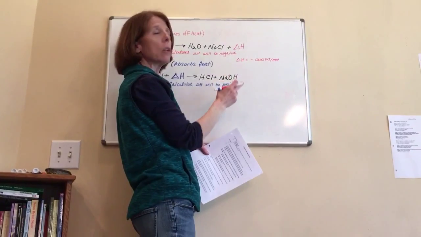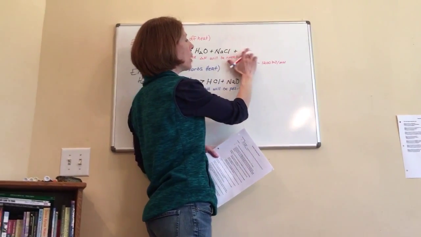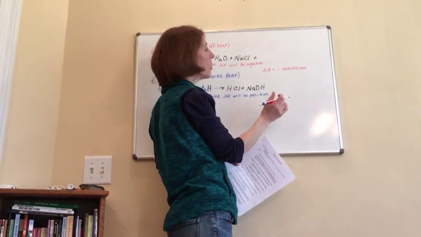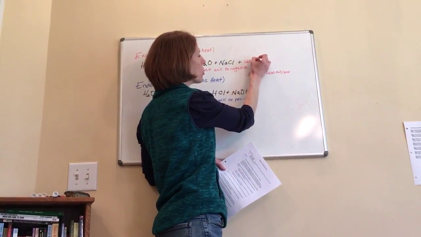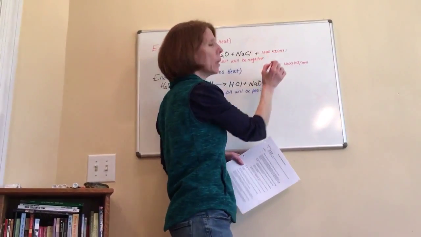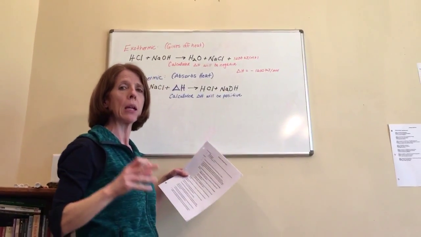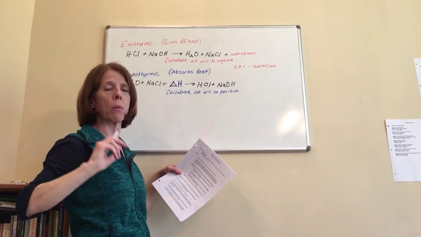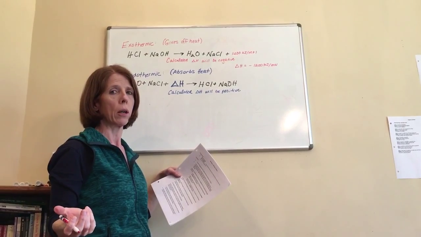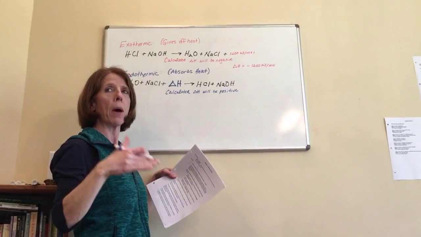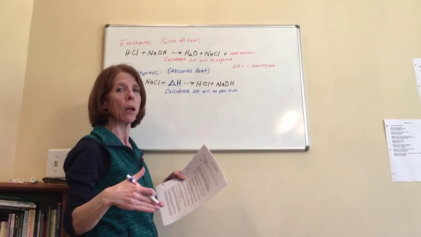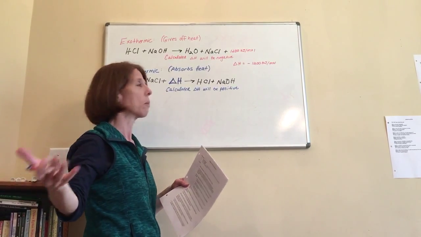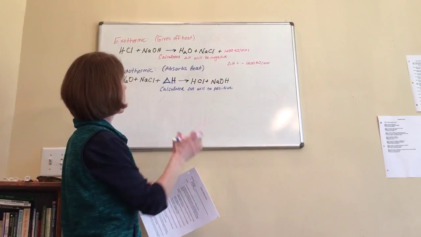When we add this into the equation, we would write it up here as a stoichiometric equivalent as positive 1200 kilojoules per mole. And again, the reason why we're going to make it positive is so that we're not dealing with a bunch of negatives in our stoichiometry. We set it up to be positive or negative in the calculation of the actual enthalpy, so we know whether it's an exothermic reaction or an endothermic reaction.